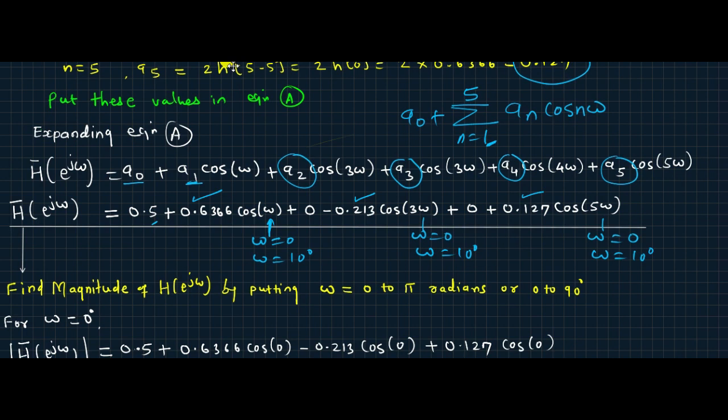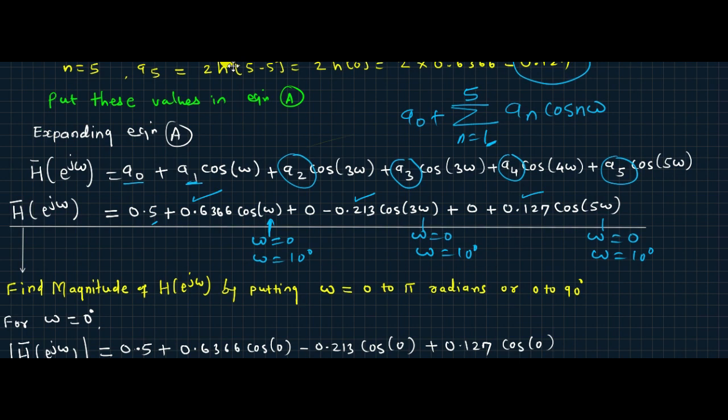In this way, we can obtain the value of h bar of e raised to j omega. We have labeled this h bar of e raised to j omega. It is the frequency response, which we are finally obtaining. We label it h bar of e raised to j omega because it is a new equation.